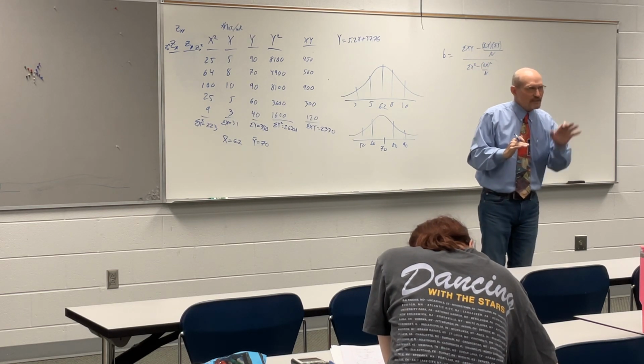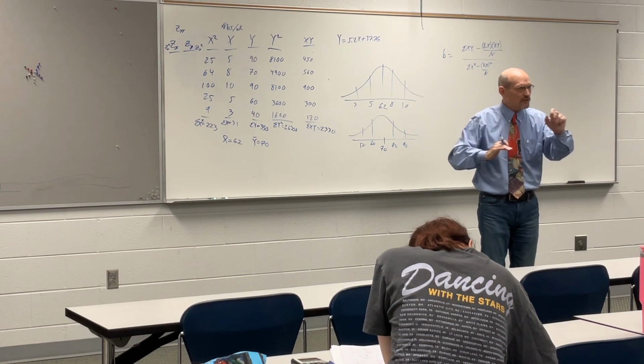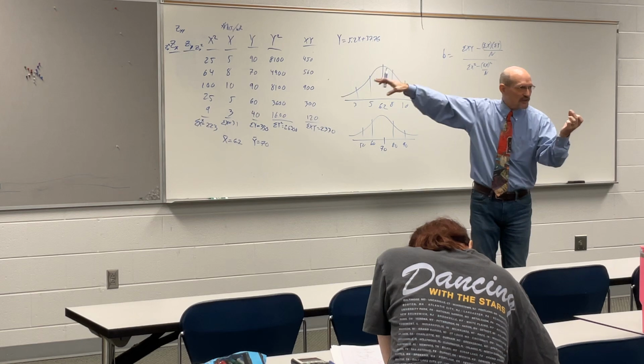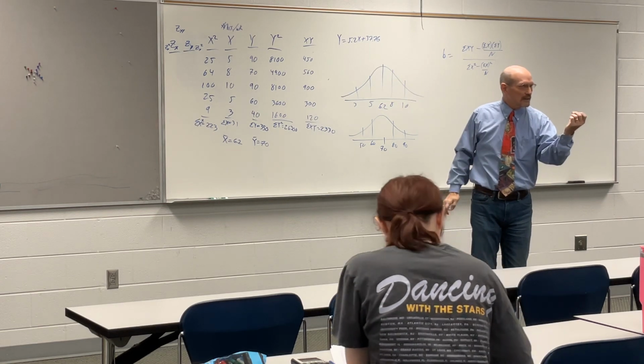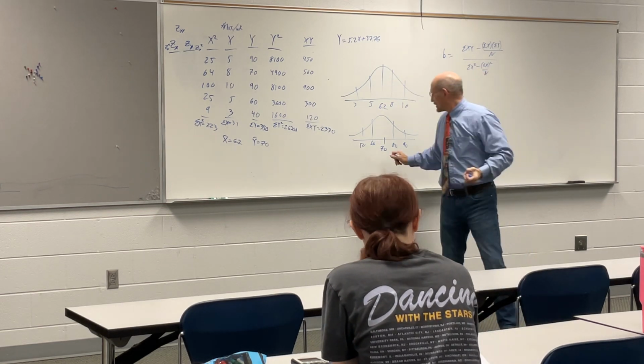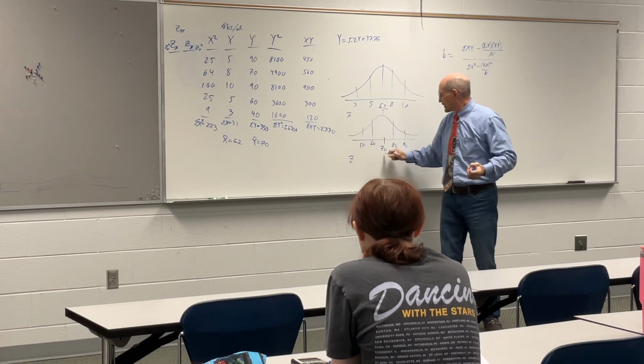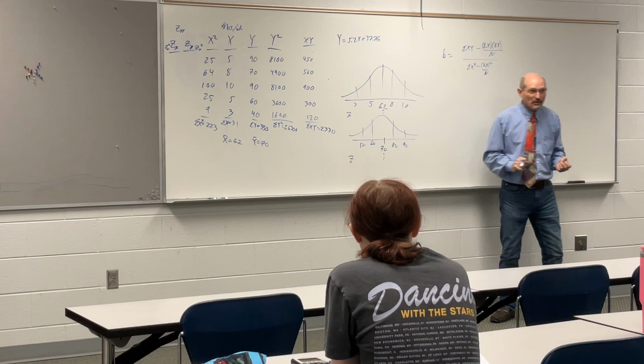What's the mean? What's the paired mean for the Z scores? If I have a Z sub X and a Z sub Y, what's the mean? If I have a Z score here and a Z score here, what is that value at the center? 0, 0 for both.